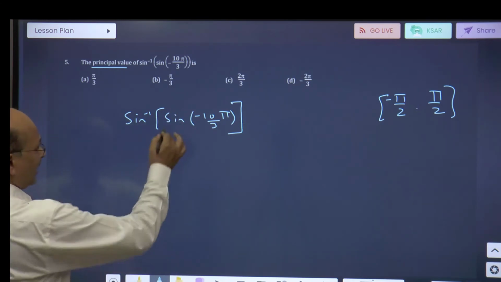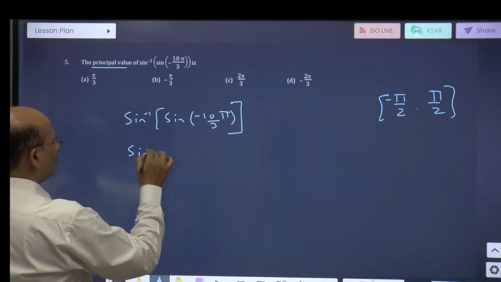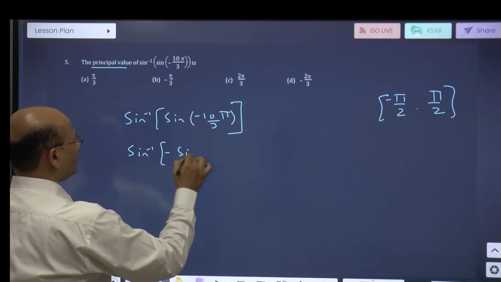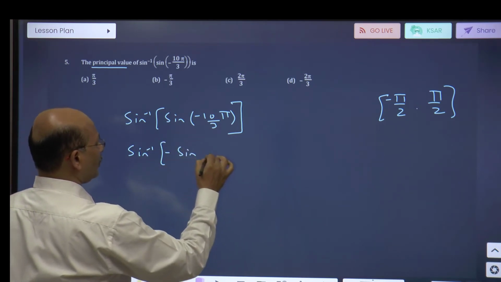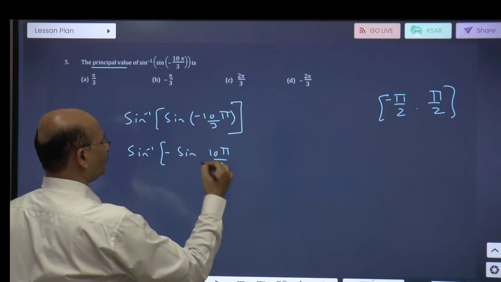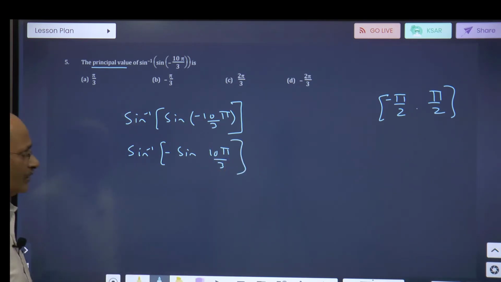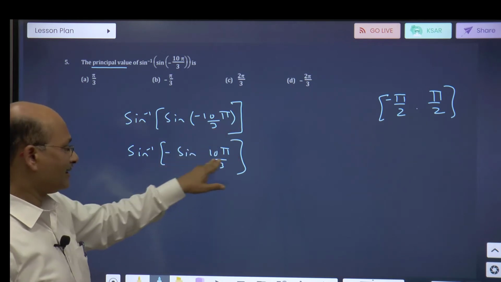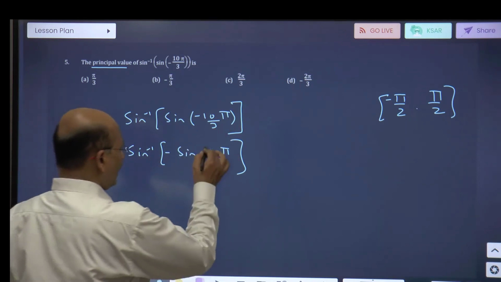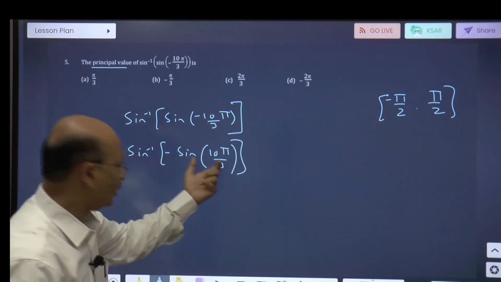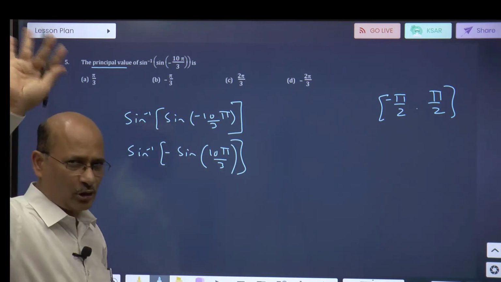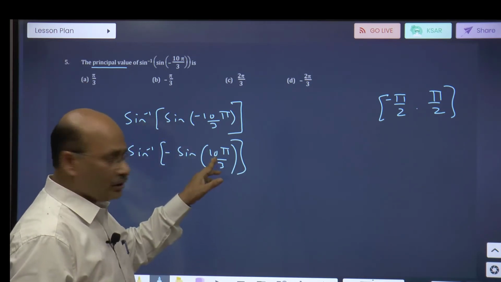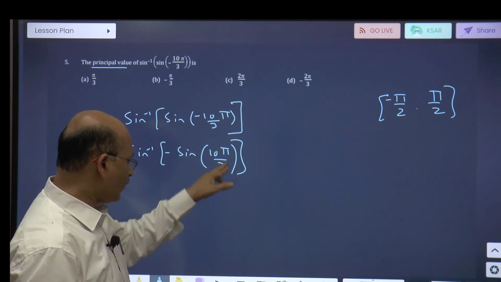So first thing, sine of minus theta, I know what to do. Sine inverse of, I can write minus, sine of 10 pi upon 3. Sine of minus theta is minus sine theta, everybody knows. Now this angle you have to play with, other things will fall in line, don't worry about it. First you try to find an equivalent angle for this.